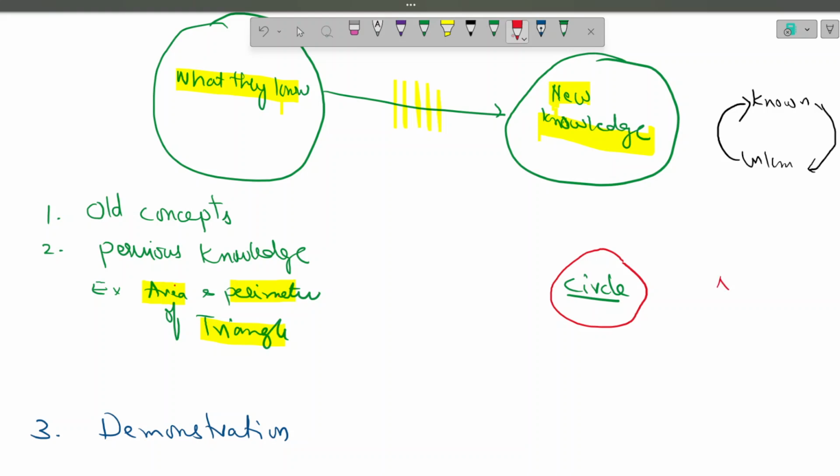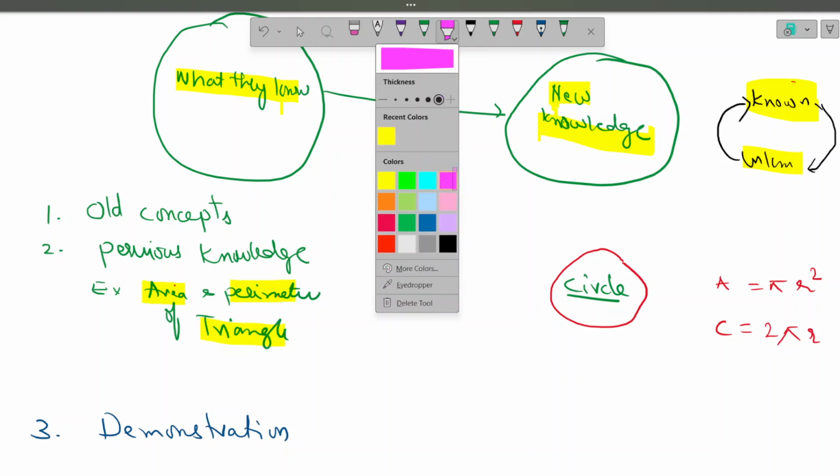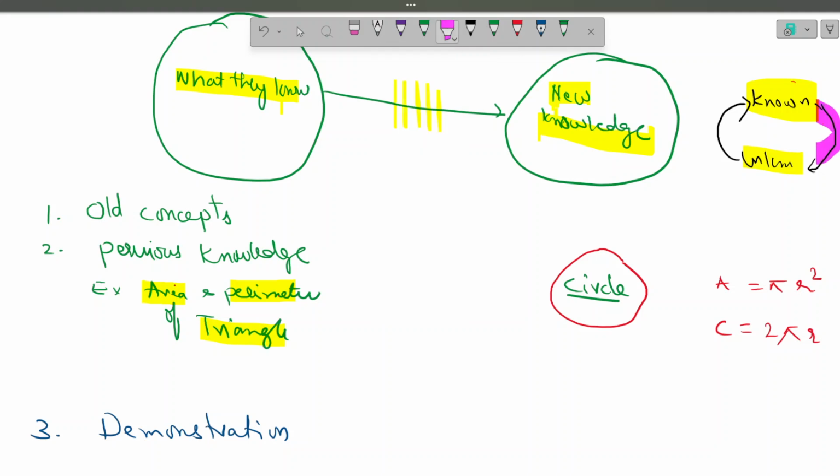Here area will be pi r square. And what is the perimeter? Here perimeter becomes circumference, 2 pi r. They know that, that is prior knowledge. You are connecting it. This is known to unknown, and again it goes on. So this is the cycle.